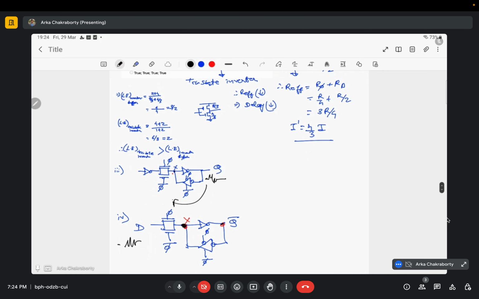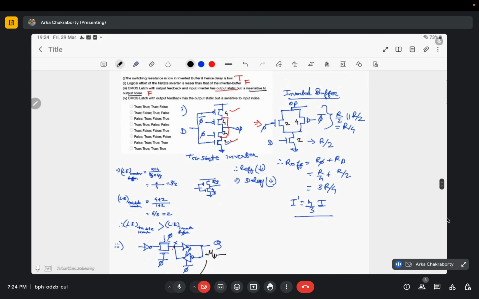Okay, so the statement that CMOS latch with output feedback has the output static but is sensitive to input noise is true. So the correct sequence is true, false, false, true. This one. Clear?